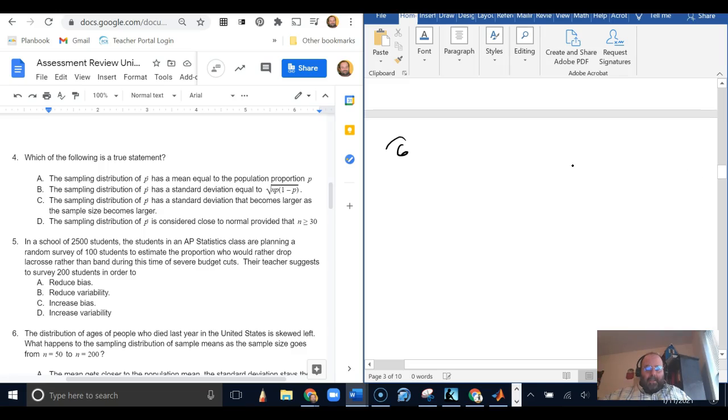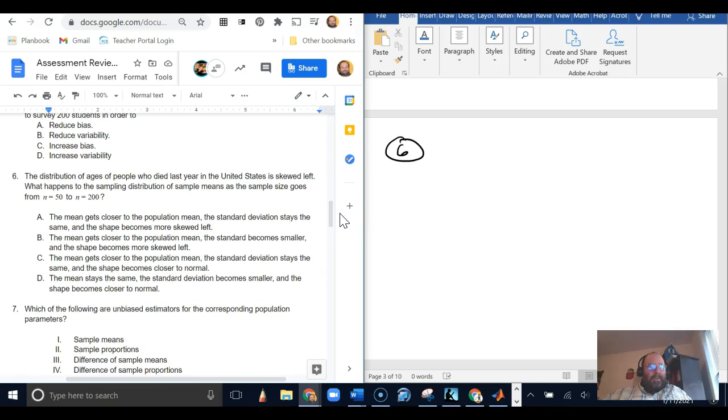Let's look at number 6. Number 6 says the distribution of ages of people who died last year in the United States is skewed left. What happens to the sampling distribution of means as the sample size goes from n equals 50 to n equals 200? Okay, so you would expect here for standard deviation, which is sigma over square root of n, to get smaller because n is in the denominator, right?